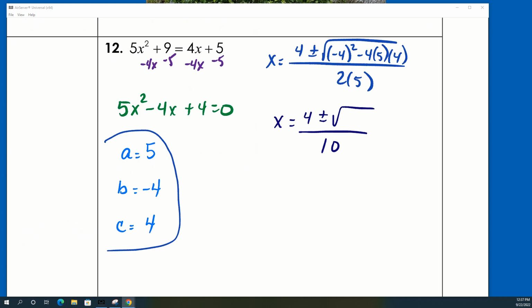Okay, and then when you do negative 4 with the square on the outside, minus 4 times 5 times 4, you should get negative 64. Right, what is the square root of negative 64? 8. There's something else. i. So because it's a negative 64, it's going to be 8i.